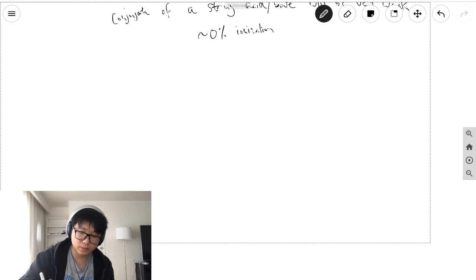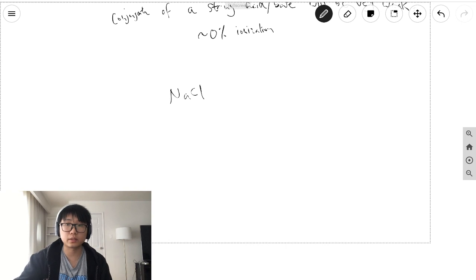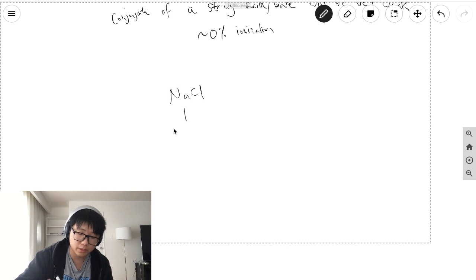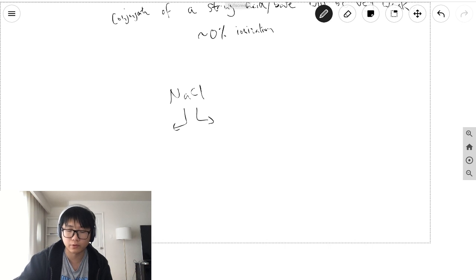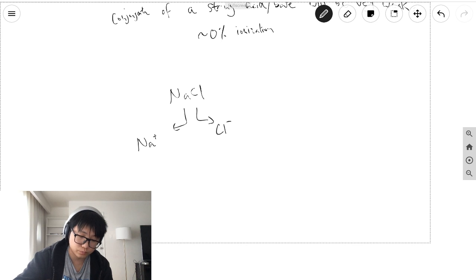So if I look at something like NaCl, this is the way you predict it. You break them apart into their ions. You go like, okay, where did the individual components come from? You got Na plus, you got Cl minus. Na plus came from NaOH.